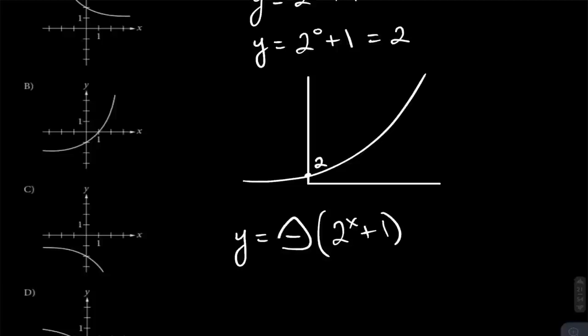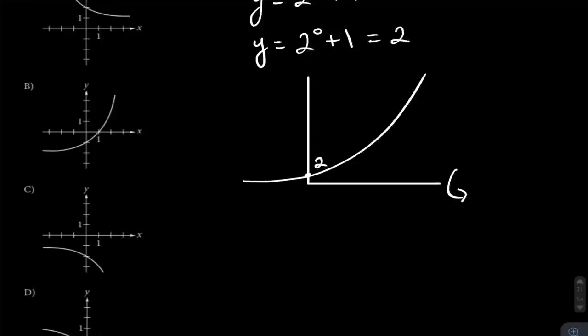What this negative does, if it's being multiplied to this entire thing, is it's going to flip it about the x-axis, meaning it's going to flip it over this way. Imagine this thing getting just flipped about the x-axis. It will now look like this, and it will have a y-intercept of negative 2.